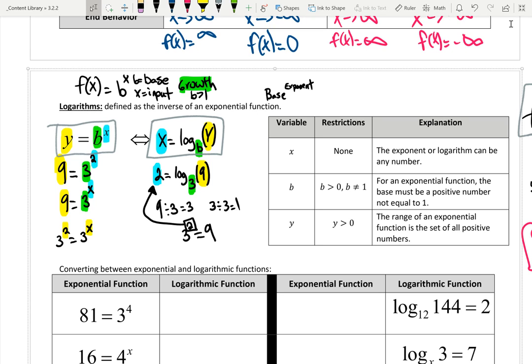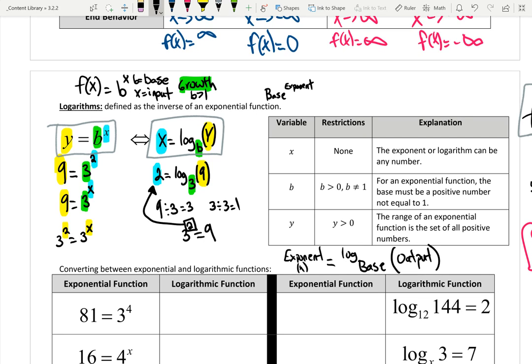So I just want to remind you guys that b is the base. The most useful thing you can have is write down that the exponent, which is my x, is equal to the log with the subscript of the base, and then my output or my answer.